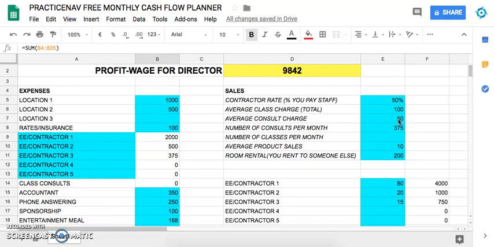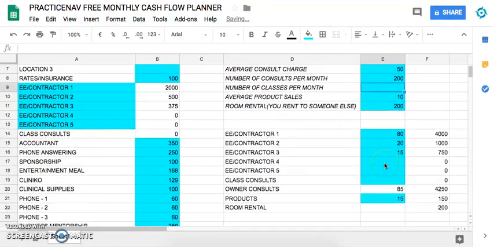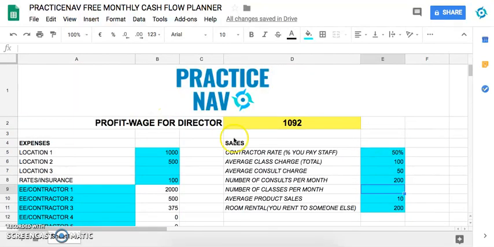So how much do you charge someone for your basic consult? And then how many do you have a month? If you have 50 consults a month or a week, if you're a sole trader, you might do 200 a month, and obviously your expenses hopefully will be a lot lower, because that makes a massive difference to your take-home wage for the month.